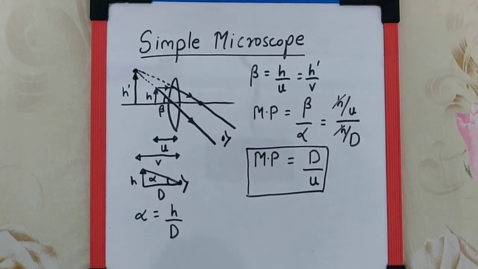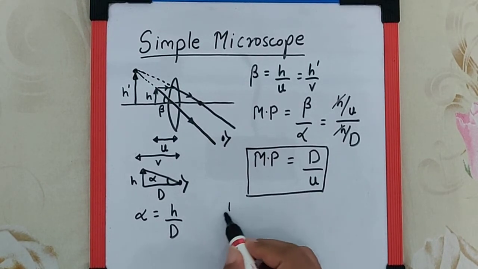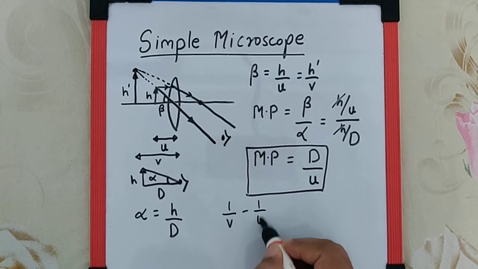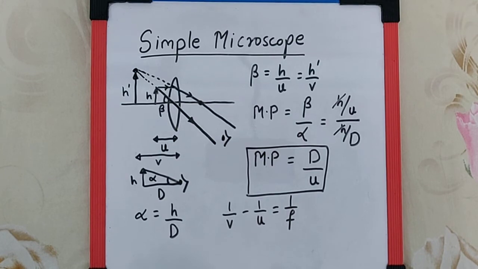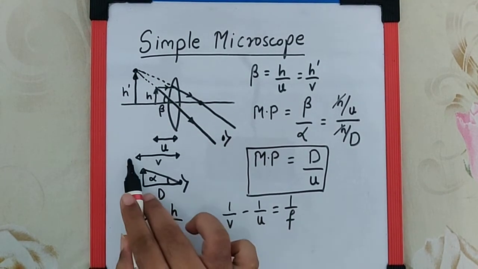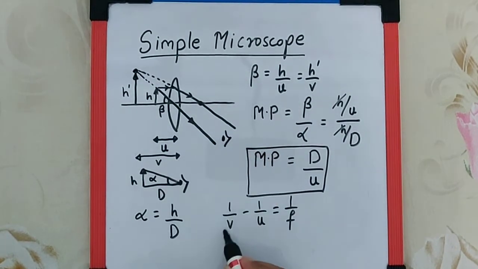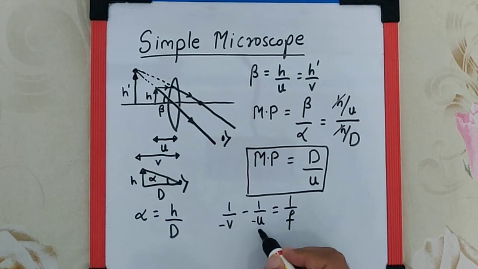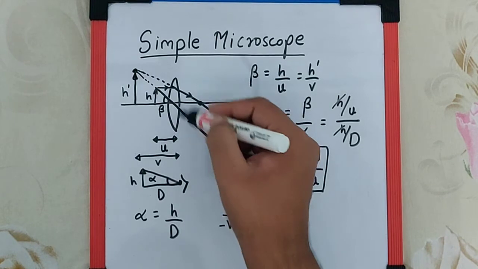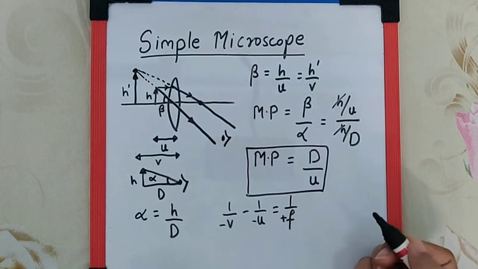Now if we use the lens maker equation, where we have 1 by v minus 1 by u equal to 1 by f, considering sign convention, v is on the left hand side of the lens, so negative, u is also on the left hand side of the lens, so negative, and the focal length of a biconvex lens is generally positive.